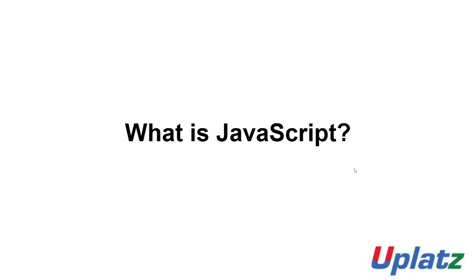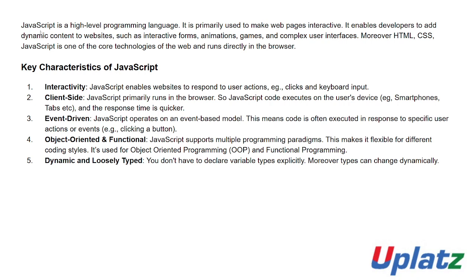So what is JavaScript? JavaScript is a high-level programming language. It is primarily used to make web pages interactive.